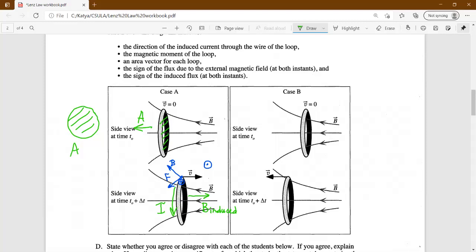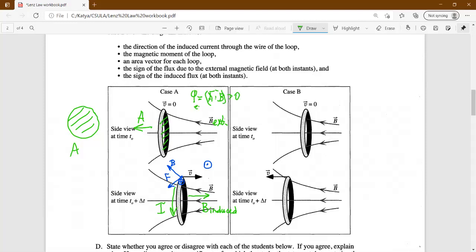Free to choose. The sign of the flux due to the external magnetic field. External is this. I'm going to label it external. This field is external. What is the flux? We remember that when the area vector coincides with the field vector, the flux, which is the area by the field dot product, is going to be positive.